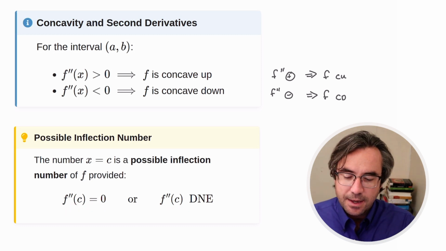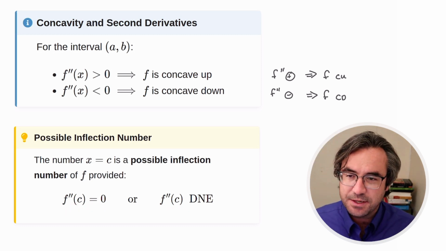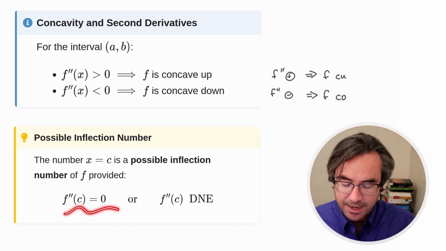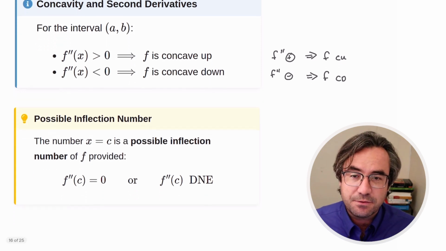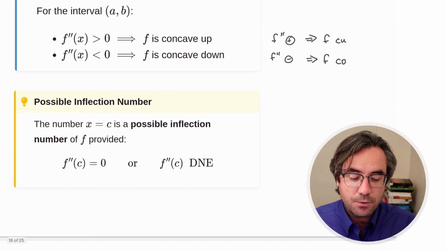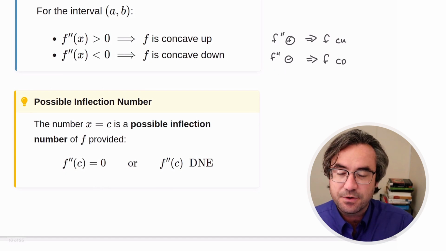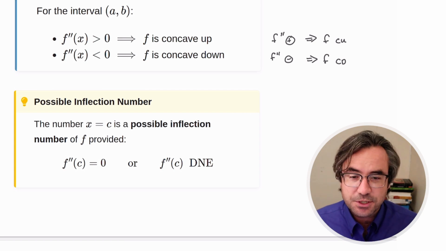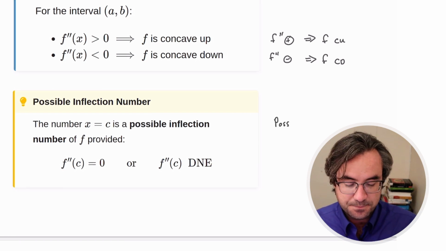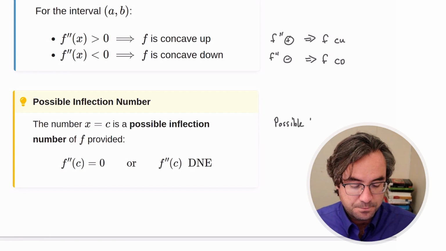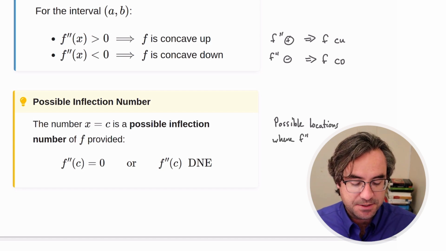If it does have an inflection point, it's going to happen at one of these two places. Why are we interested in these? Well, one, it's where we might actually change concavity, but in the context of the second derivative, these possible inflection numbers are the possible locations where f double prime switches signs.